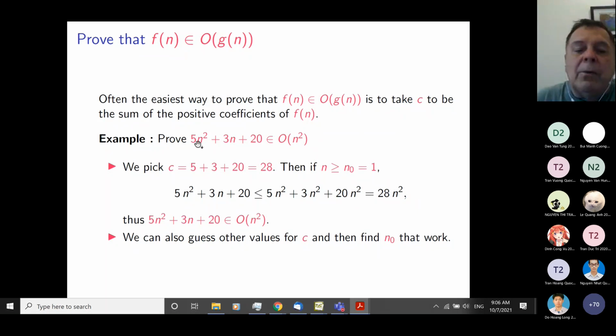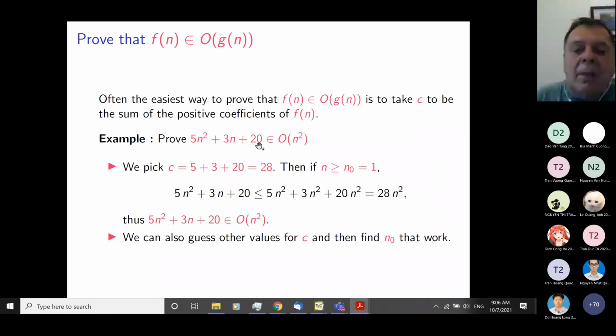We know that the running time of the algorithm is going to increase as n increases, and it is going to increase by this amount. So if n doubles, the running time will be n times n for that part, multiplied by 5, plus 3n. So if n doubles, it is going to be 2n times 2n plus 3 times 2n plus 20. So as we double the size of the input, the running time is going to increase in the way I have just described.